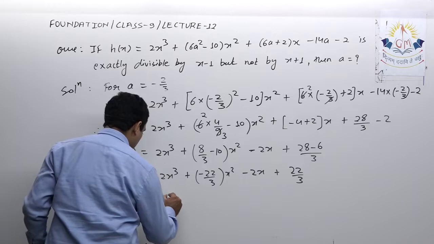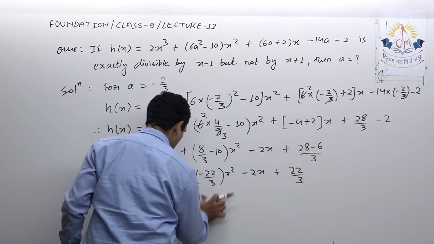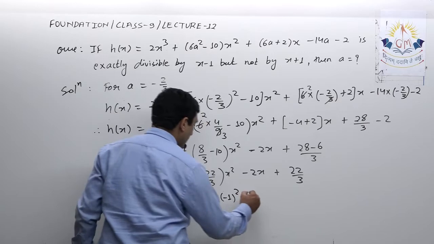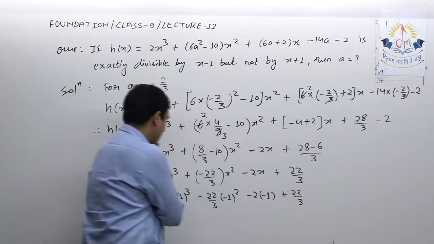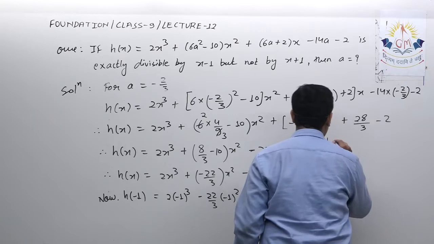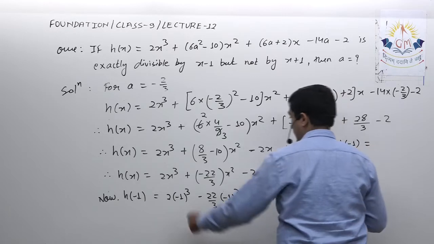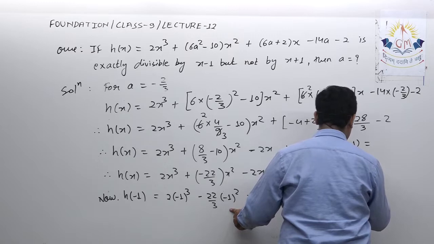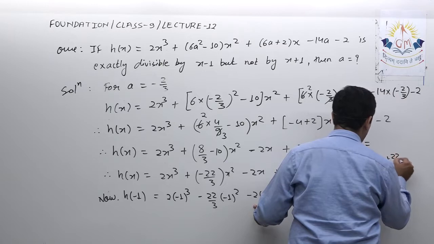So I will get 2 into minus 1 cube minus 22 by 3 into minus 1 square minus 2 into minus 1 plus 22 by 3. So h of minus 1 finally: this is minus 2, this is minus 22 by 3, this is plus 2 and this is plus 22 by 3.